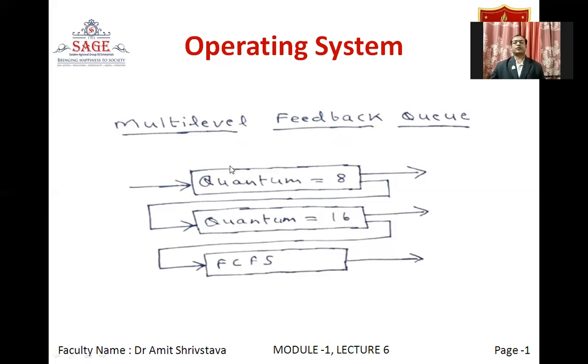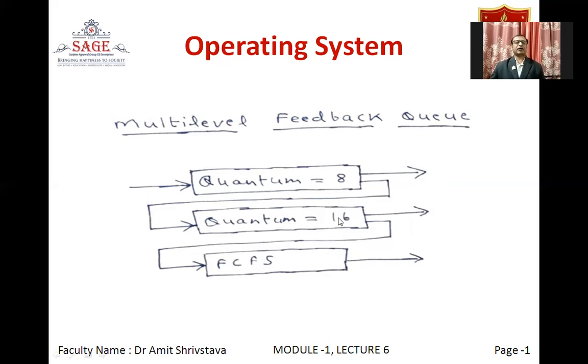All the processes initially are sent to the highest level queue, where the time quantum is, let us say, 8 milliseconds. If the process completes within these 8 milliseconds, it simply exits from the queue. But if it does not complete, it is sent to the next lower level queue.